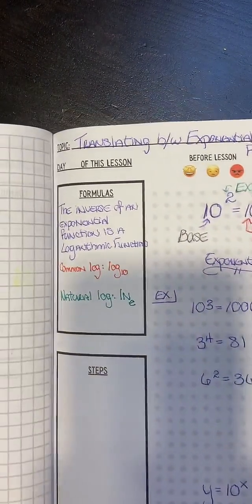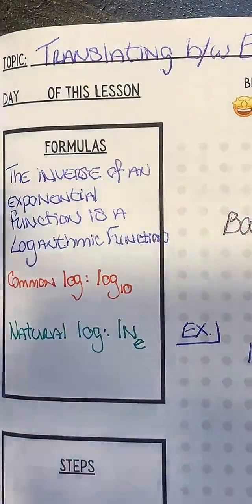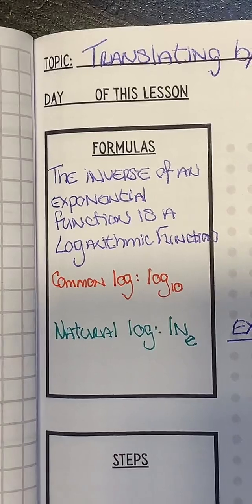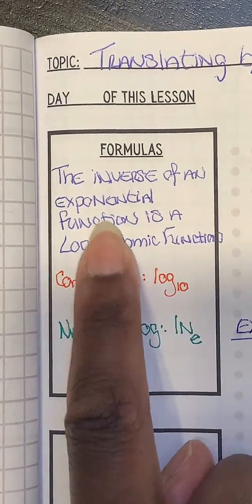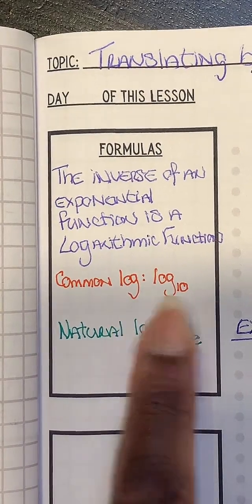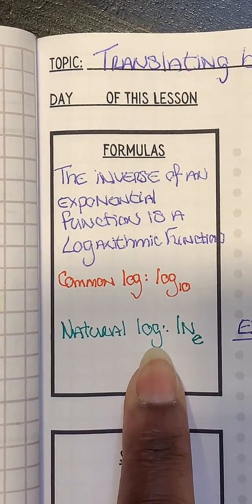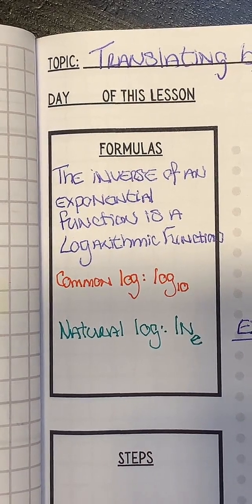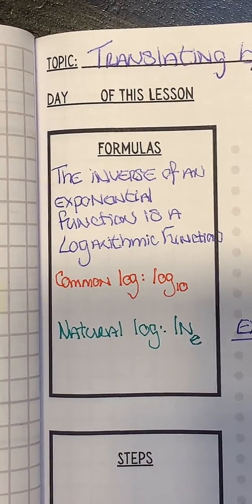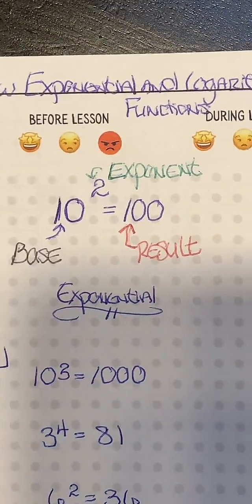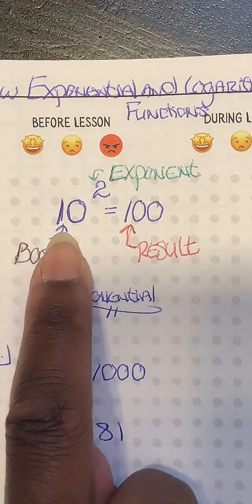So let's zoom in to where we look a little bit at the formulas. We're looking at the inverse of exponential functions, what's called a common log and what's called a natural log. When you look at an exponential, you have three things hitting you at once. The first thing is your base.